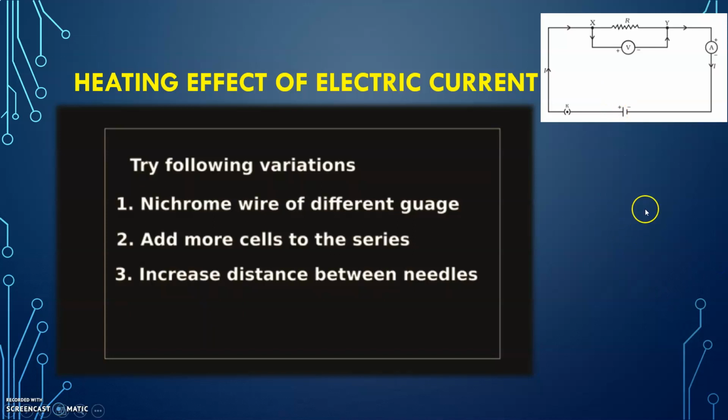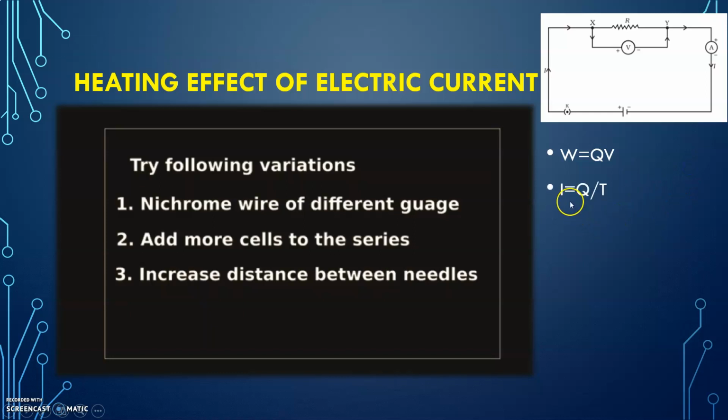So the work done in moving charge Q through a potential difference V will be what? Q times V. Yes. So the source must supply energy equal to VQ in time t.